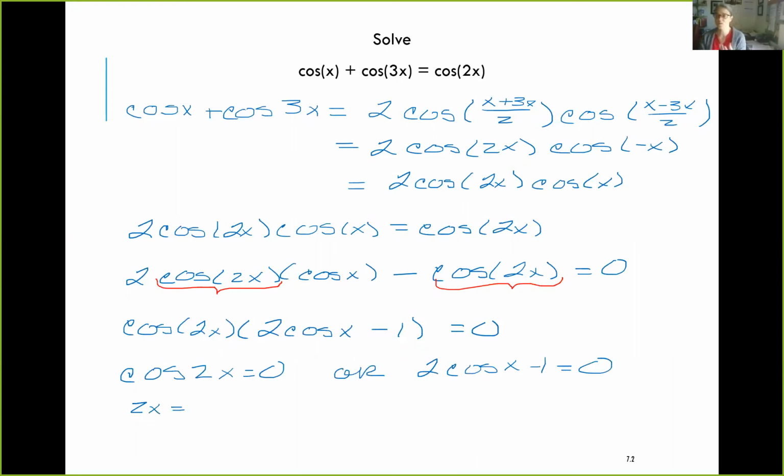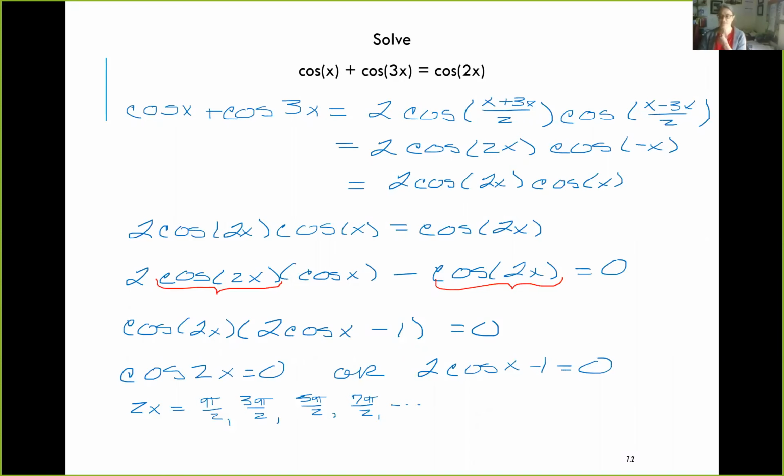All right, so angles that have cosine of 0 are pi over 2 and 3 pi over 2 and 5 pi over 2 and 7 pi over 2, right?